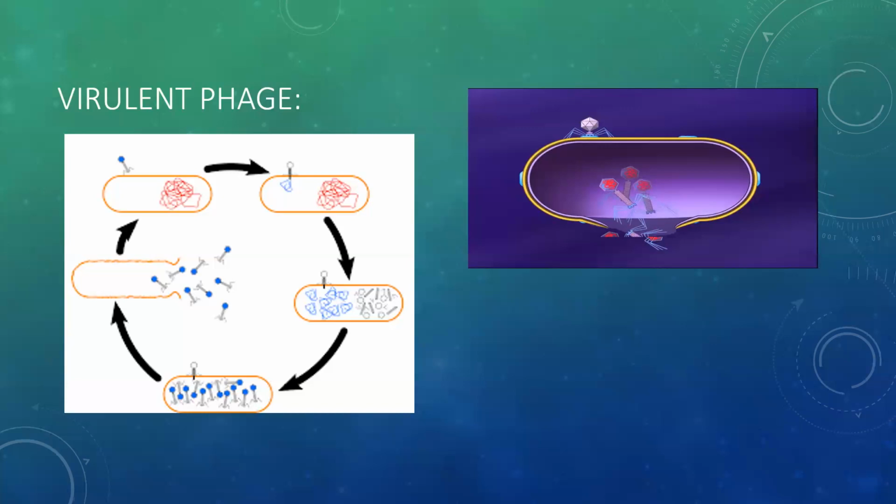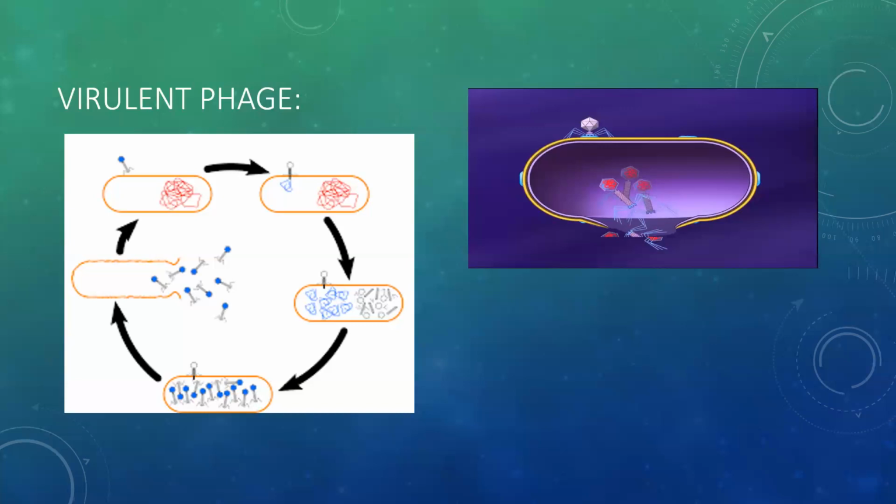Then there is the formation of all the necessary components used to form phages again. Another picture shows the phage ready to be released from the bacterial cell. In the next step, the phage is released, and is ready to attach to a new host.